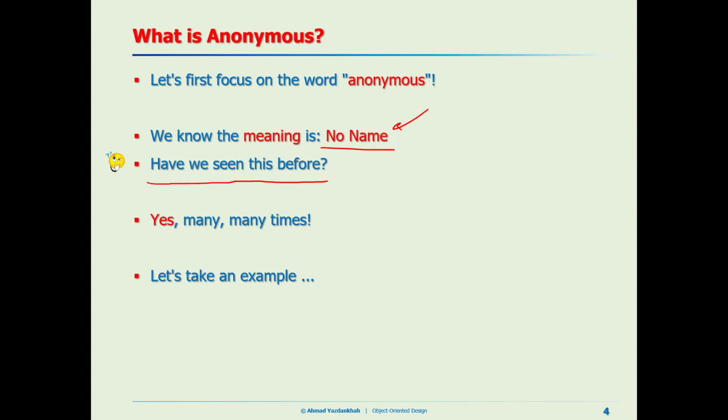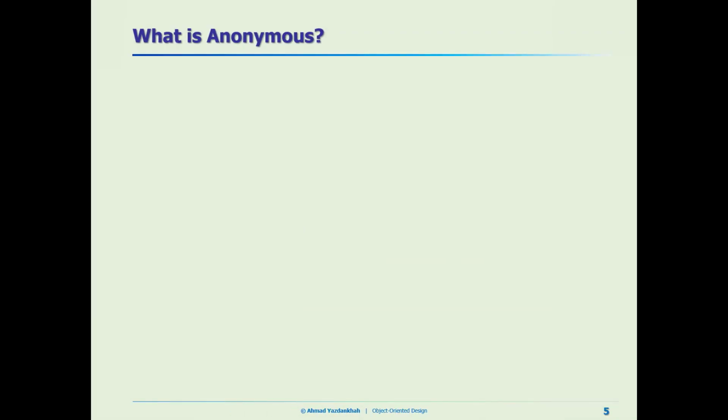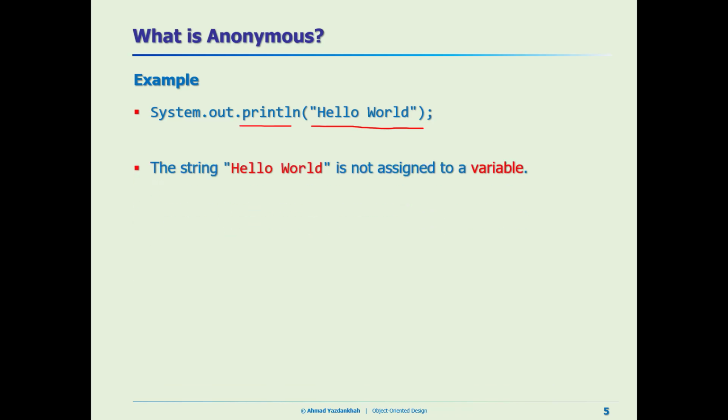Let me show you an example. For example, look at this println in Java. Look at this string. This string is not assigned to any variable, right? So it has no name. A value has a name when we assign it to something.